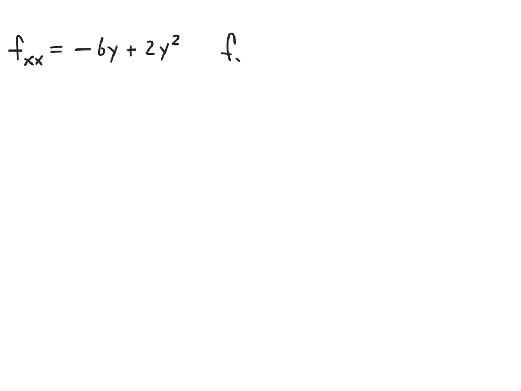For f sub yy, our partial of f with respect to y differentiated with respect to y again, we're going to get negative 4 minus 2x plus 2x squared.